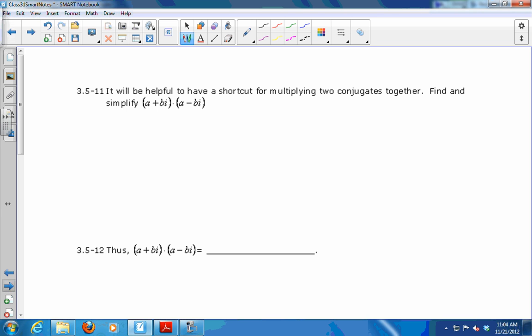So let's see what happens if I multiply a plus bi times a minus bi for any a and b. When I FOIL, I'm going to get a squared first, right? And then the outer would be minus abi, and the inner would be plus abi. And then the last would be minus b squared, i squared. So the outer and inner terms, negative abi and positive abi, cancel.